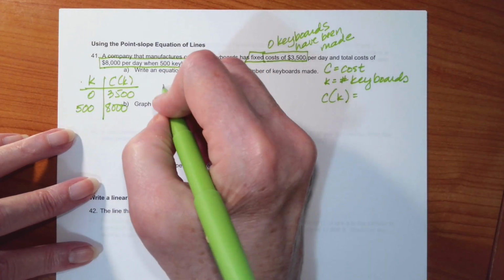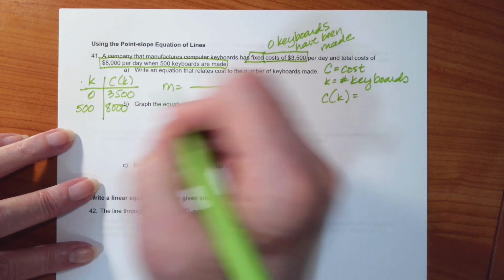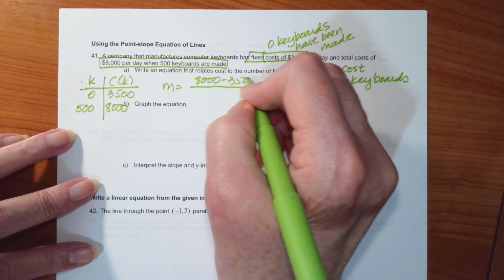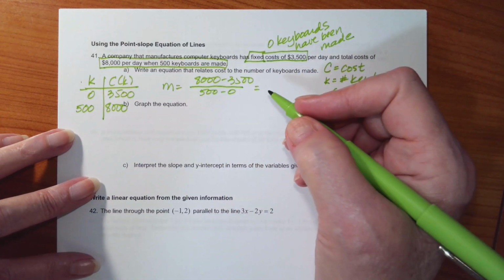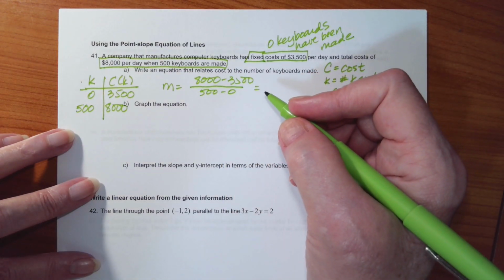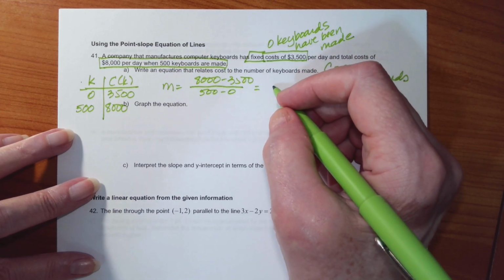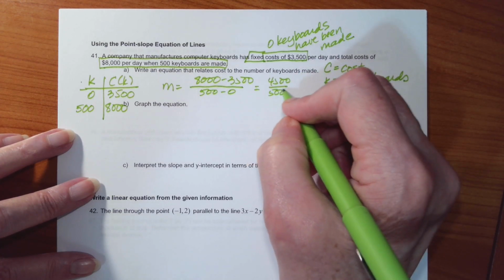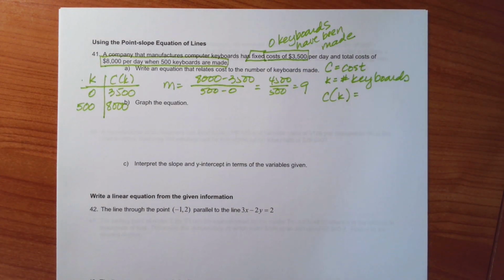So now I can find my slope is equal to my y2 minus y1, so 8,000 minus 3,500 divided by 500 minus 0, which gives us 8,000 minus 3,500 is 4,500 divided by 500, which is 9. Okay, so what that means is you're going to have fixed costs of $3,500.